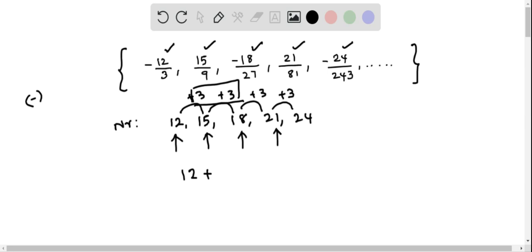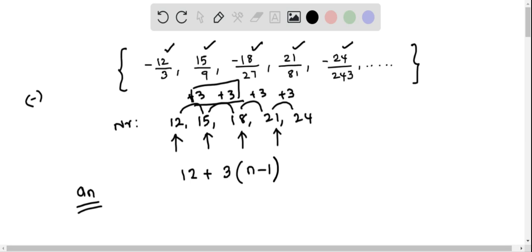So I'm going to consider the first number and then write this as 3 times multiples of 3. Since we are going to write the general nth term as n, I'm going to put this as n minus 1. So this is the kind of partial formula for the numerator sequence.